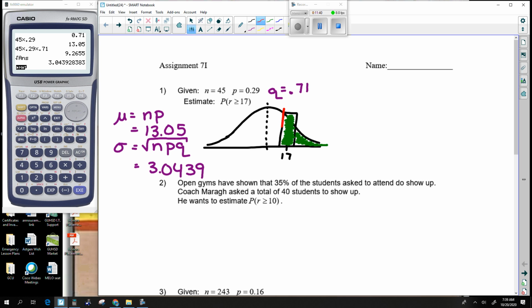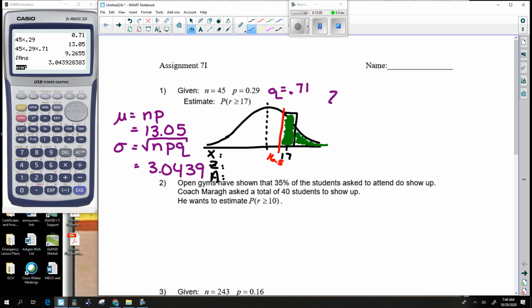And so that leaves the edge right here, which is technically at 16.5, just a little bit below the 17. And so that is our X that we are using. Our X is now 16.5. Let's go ahead and continue on.